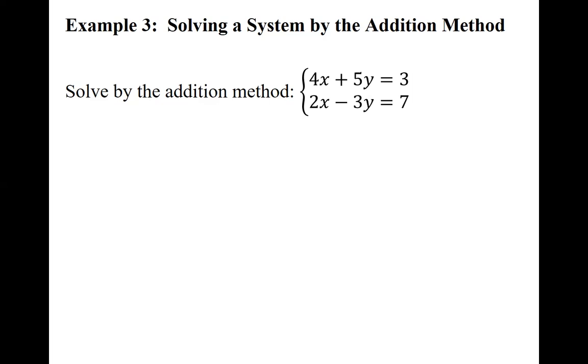We want to eliminate one of the variables. Well, if we multiplied that second equation by -2, then instead of 2x, we would have a -4x. And that 4x plus the -4x would make the x's go away, giving us an added equation just in terms of y. So that's what we're going to do here.